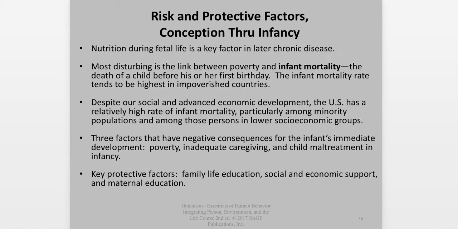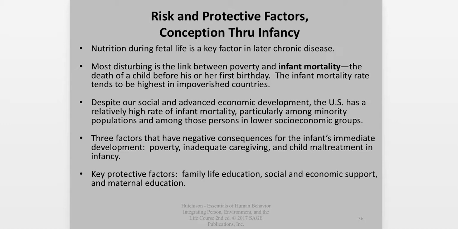So just as an overview, nutrition during fetal life is a key factor in later chronic disease. Having adequate nutrition helps to guard against chronic disease. But infant mortality is mentioned here, and perhaps the most disturbing discussion here is the infant mortality rate. Infant mortality involves the death of a child before his or her first birthday.